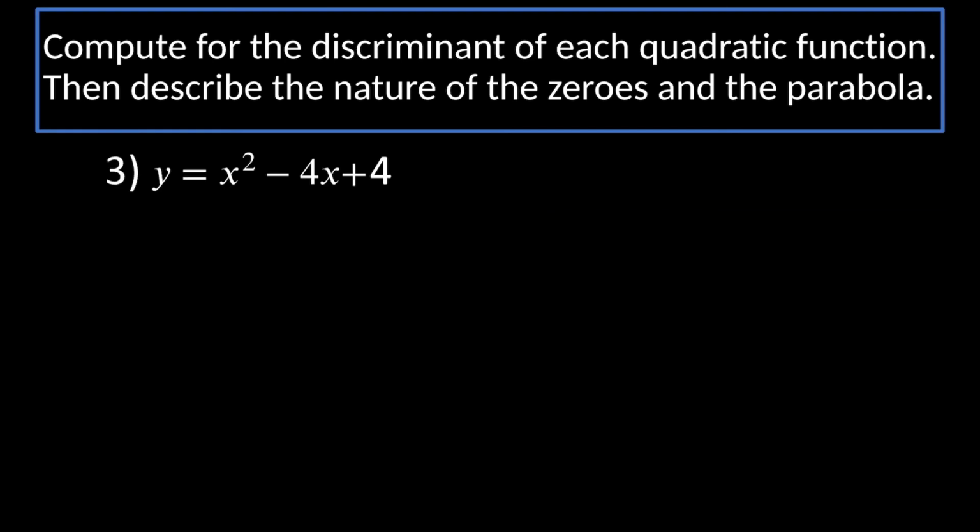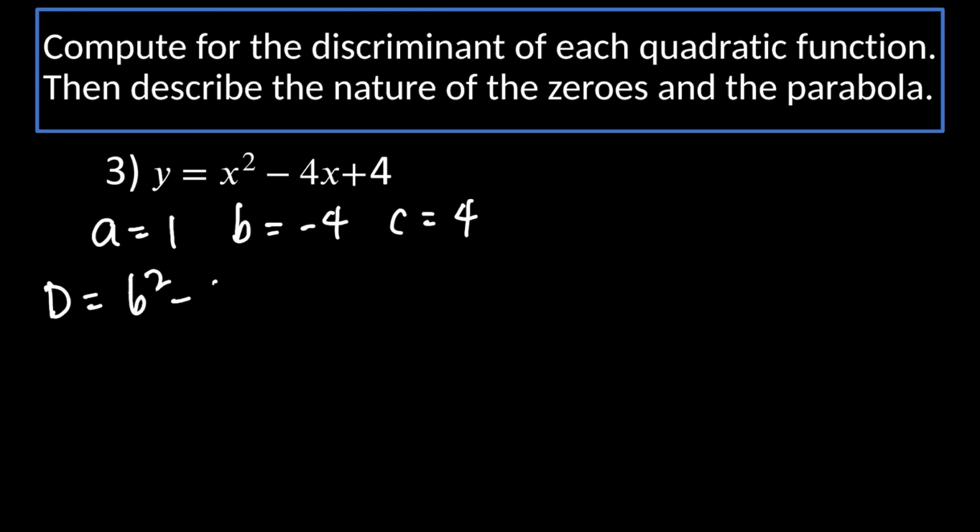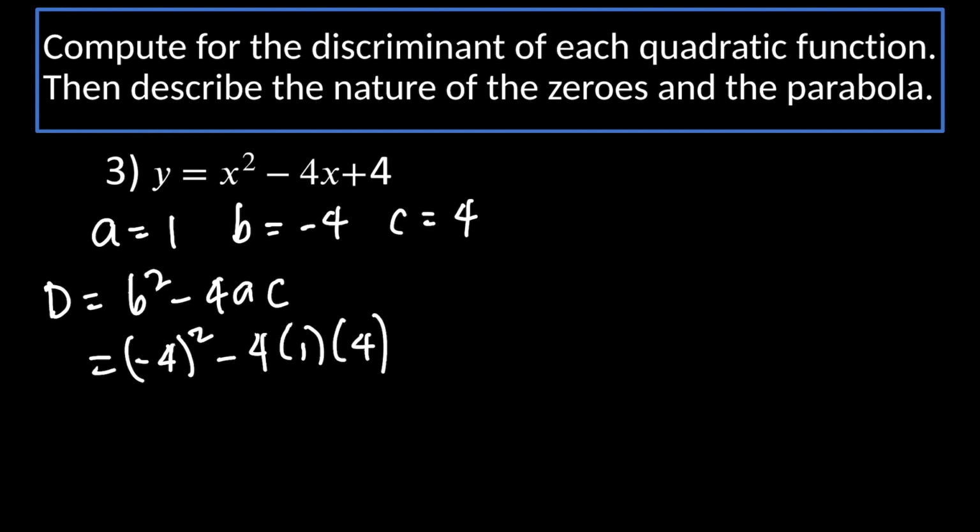Let's have the last one. Let's have y equals x squared minus 4x plus 4. Here, a is 1, b is negative 4, and c is 4. Substituting this into the discriminant, b squared minus 4ac, we have negative 4 squared minus 4 times 1 times 4.